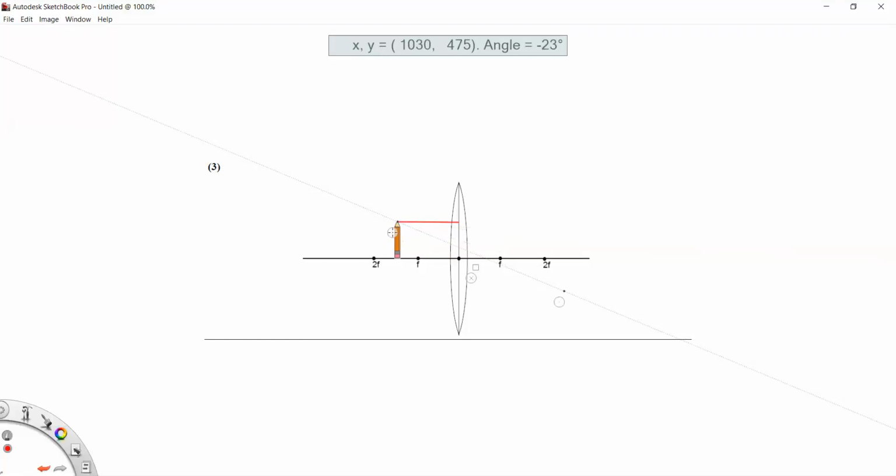The focus. So it should be passing right through the focus.